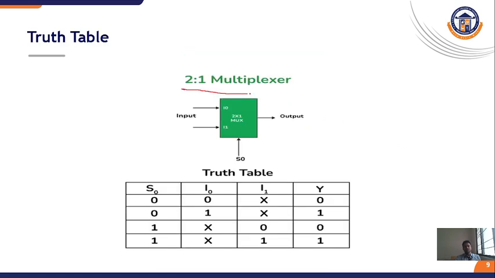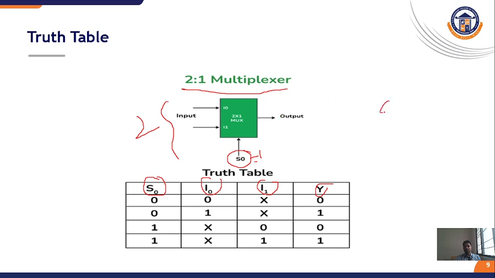So this is the 2:1 multiplexer. In a 2:1 multiplexer, there will be 2 inputs, 1 selection line and 1 output. This is the selection line named S0, the inputs are I0, I1, and the output is Y. Based on this selection line, the input will be connected to the output.